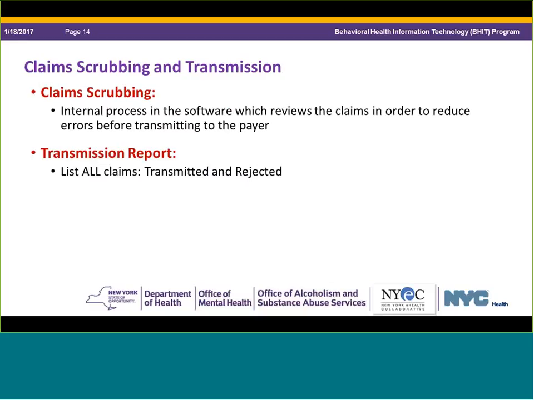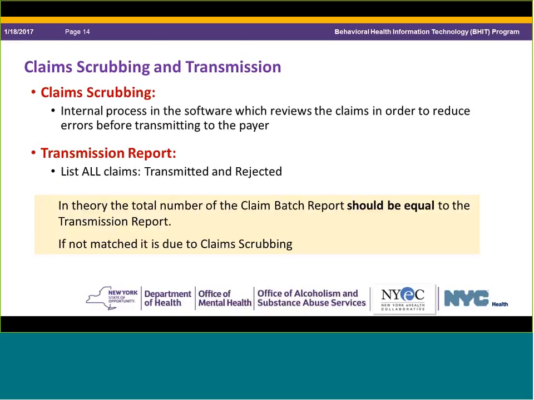Transmission report: that lists all the claims that were sent out and also indicates which ones were not sent out, which ones were rejected. This is still within the software of the organization. In theory, the total number on the claim batch report should equal the transmission report. If it doesn't equal, then something through claim scrubbing got rejected.